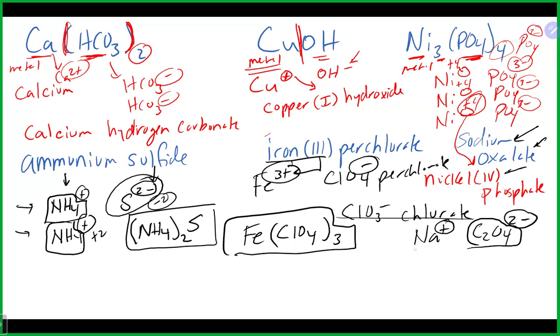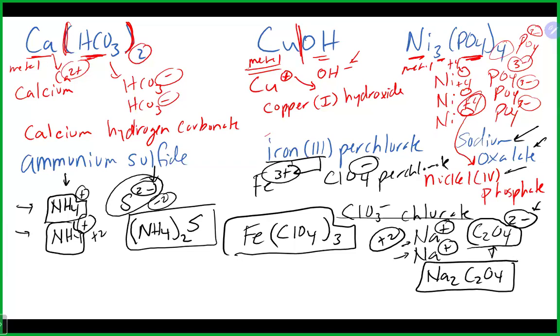We need an extra +1 there to balance it out. That's going to give us a +2 to balance out the -2. And we have 1 and 2 sodiums, so Na2, and only one oxalate here, C2O4. Once again, if you have just one polyatomic ion, you don't need parentheses around it. It's just when you have more than one.